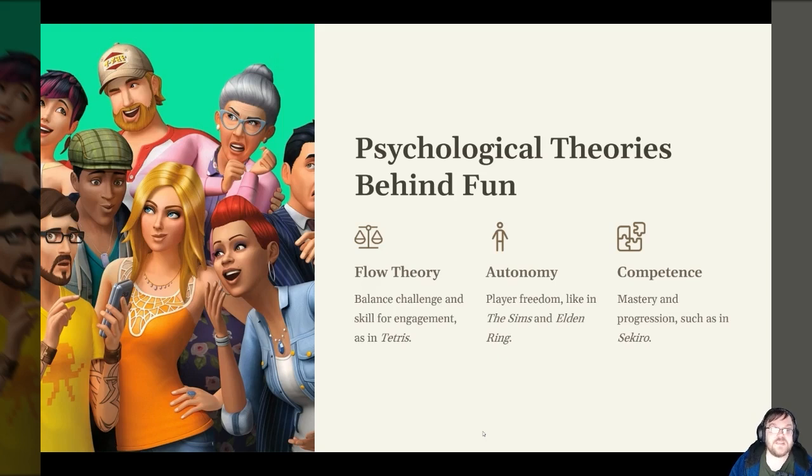The final one is competence, which is a feeling of mastery, that some players feel more accomplished, as I said in the previous slide, when they are able to master a challenge, or when they are able to say that they have a high level of skill in something. So competence is giving the players the opportunity to do that.